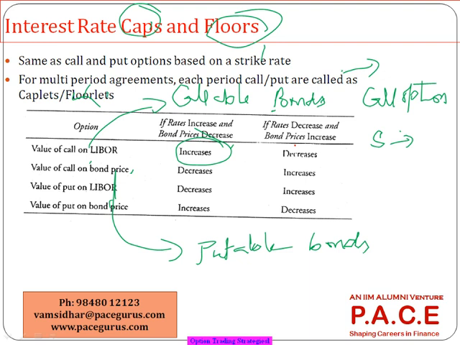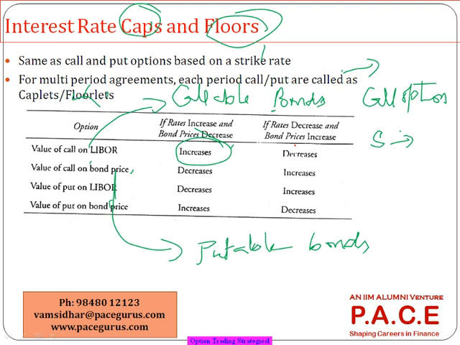If the interest rates are falling, now look at it like this. If the interest rates in the market are falling, the bond price will go up. And if the bond price is going up, the call option value will go up. Market prices are going up, stock prices are going up, the call option premium will go up.